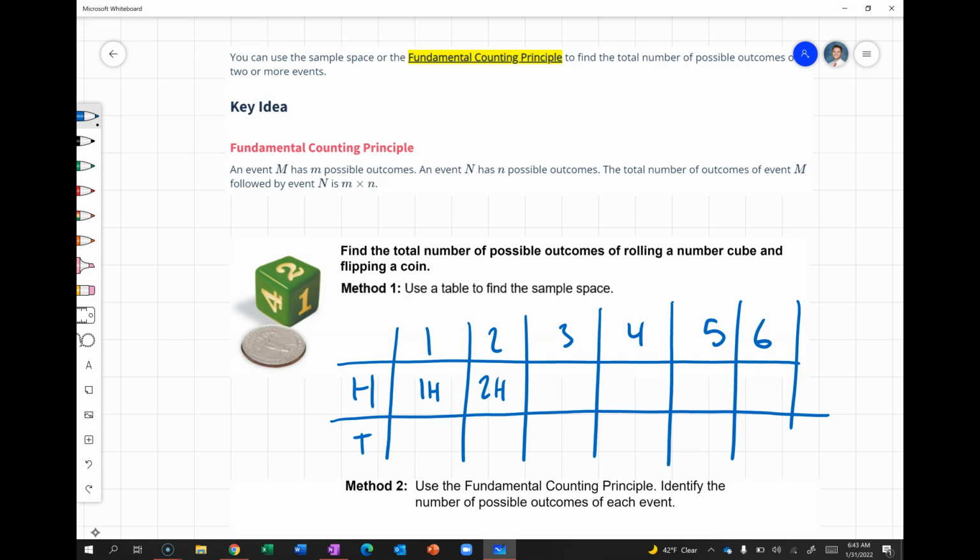You could roll a 1 and a heads, a 2 and a heads, a 3 and a heads, and so on. Doing this, you would see you get a total of 12 different outcomes. Or you could say this number cube has 6 sides, and a coin, heads or tails, has 2 sides, so 6 times 2 is 12 total outcomes.